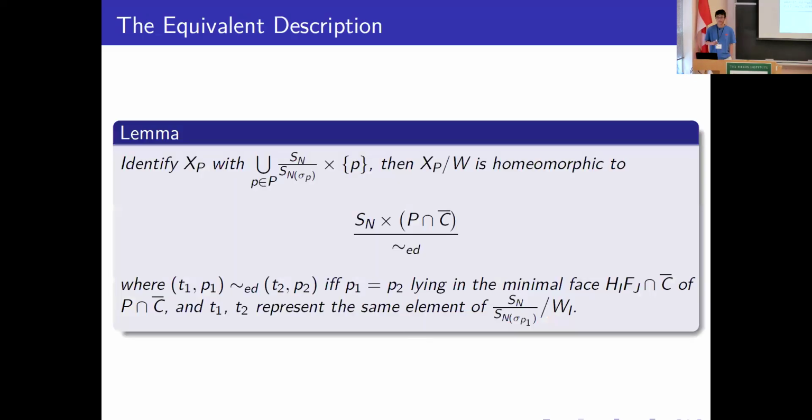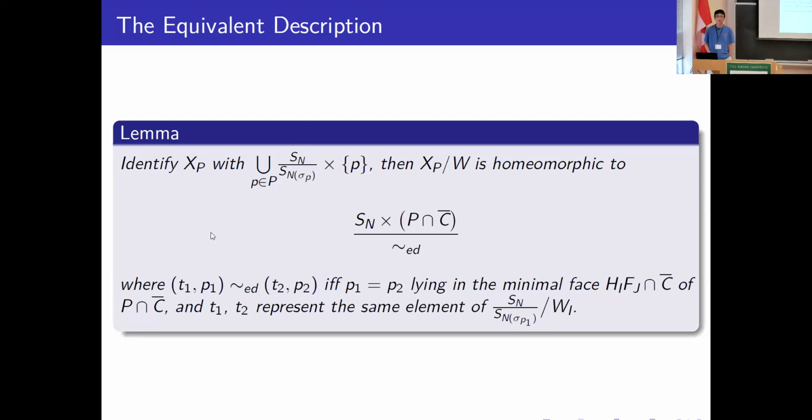Okay. And here is the lemma that gives an equivalent description of the quotient of the variety. It says: identify X_P with the union, indexed by points p of the Weyl polytope, of tori. Then the quotient is homeomorphic to the quotient of this product, S_N cross P intersecting the closed chamber.